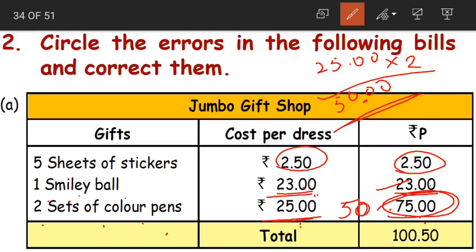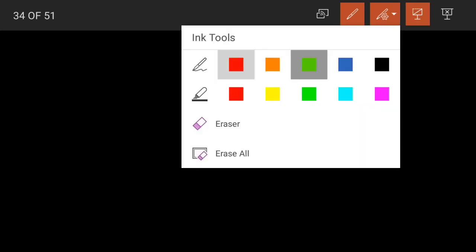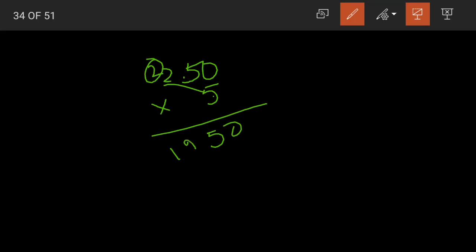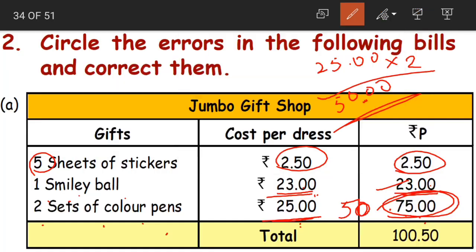And here let us find out the cost of 5 sheets of stickers. One sheet is 2 rupees 50 paise. We have bought 5. So into 5. 5 zeros are 0. 5 5s are 25. 5 2s are 10 plus 2, 12. So 12 rupees 50 paise. It's 12 rupees 50 paise is the cost of 5 sheets of stickers.